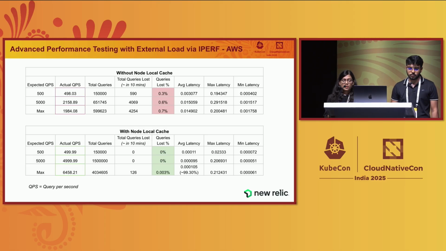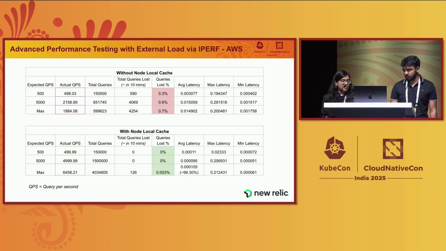Now, if you remember the previous slide, for the AWS DNS-only testing, these values were low even without the local cache. And this is where the external load is making a difference. Here also, we see that the latencies keep on increasing with the QPS levels, and they are also higher compared to the previous results.